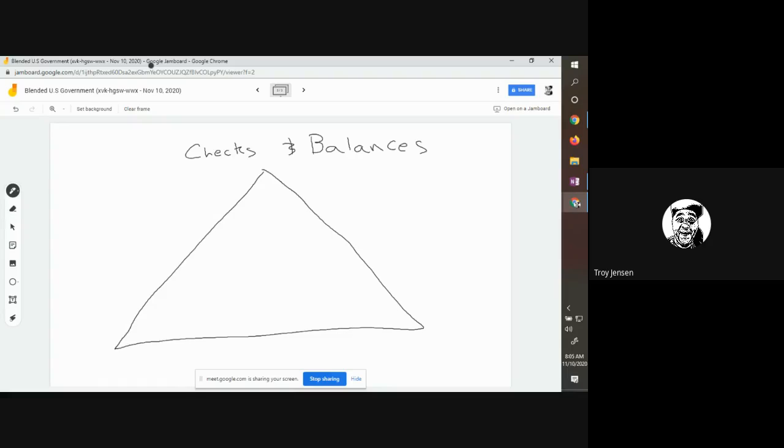So this idea of checks and balances in government was, if you remember right, coined by the ideas of Charles de Montesquieu.